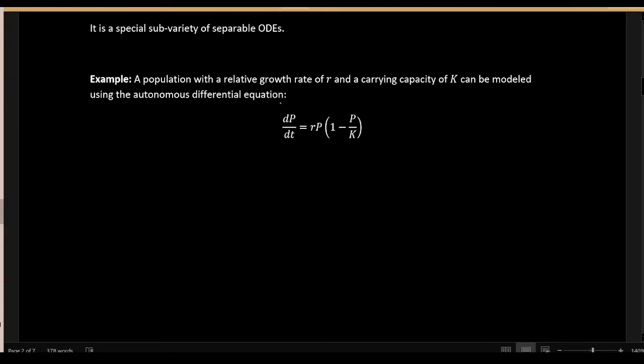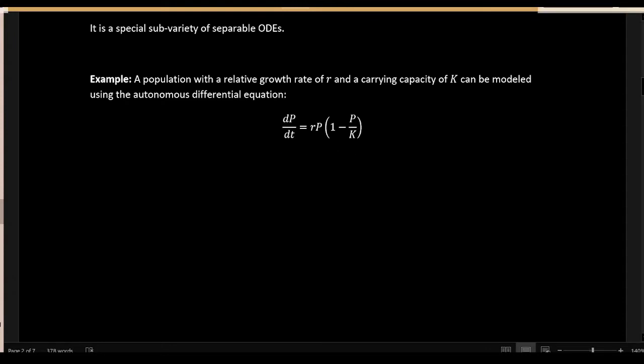That equation is given here. The rate of change of population over time is proportional to the product of your existing population and the amount of space that you have left relative to the environment's carrying capacity, which is the maximum population that the environment can sustain.